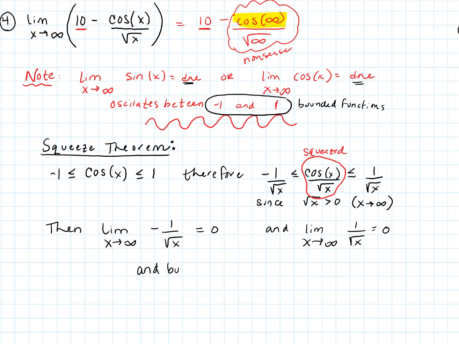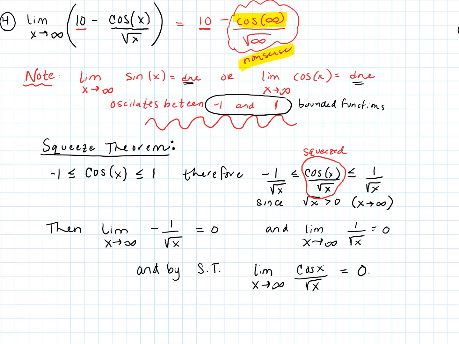And by the squeeze theorem, I'm going to abbreviate ST, the limit of cosine of x over the square root of x as x approaches infinity must also be equal to 0. Now, we can't just say that up here where we had this nonsense.